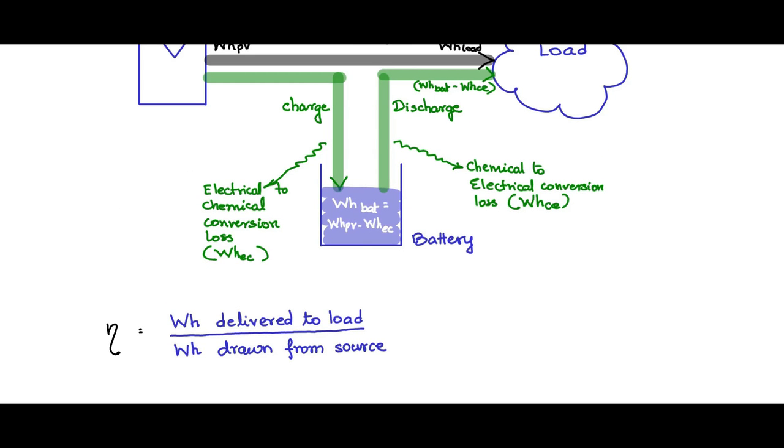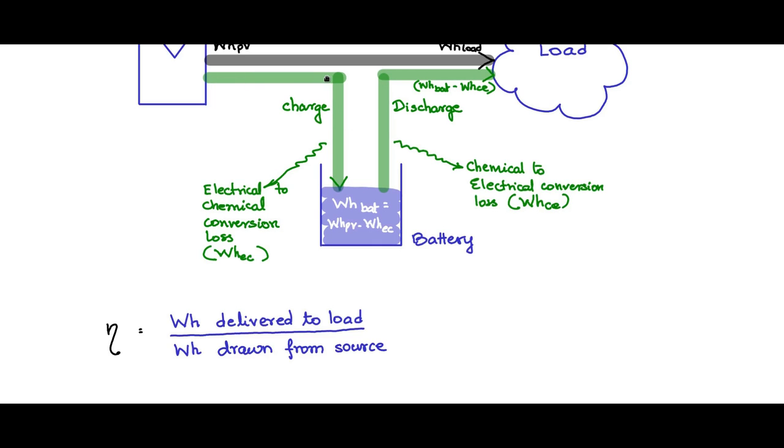We can now write down the efficiency as watt hour delivered to the load by the watt hour drawn from the source. Referring to this figure, we see that watt hour delivered to the load is this portion, WH battery minus WH chemical to electrical energy conversion loss, and WH drawn from the source.